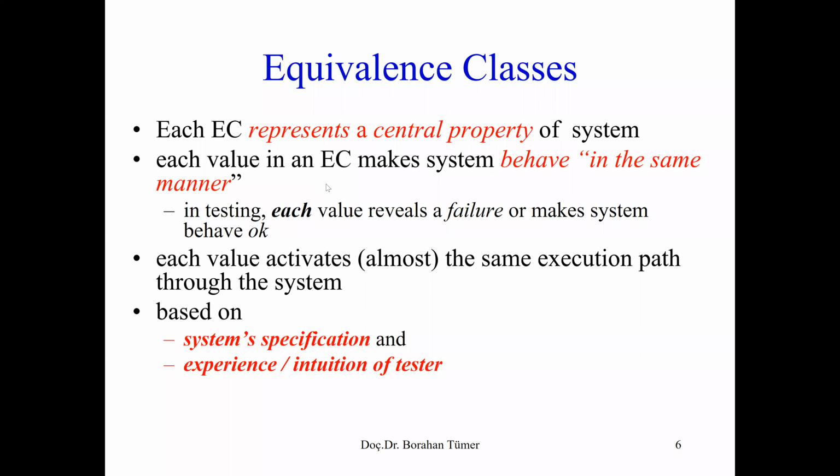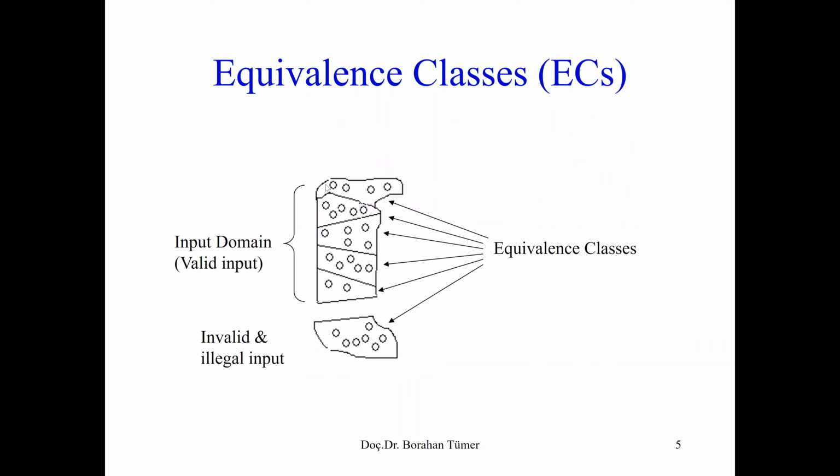Any of these points in this equivalence class, if you present any of them into your software product, it performs or behaves in some way. And this behavior type is true for all of these input points, right?